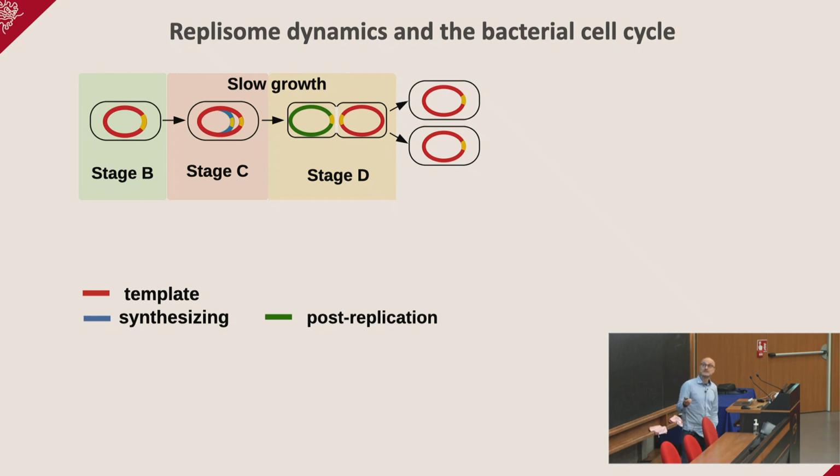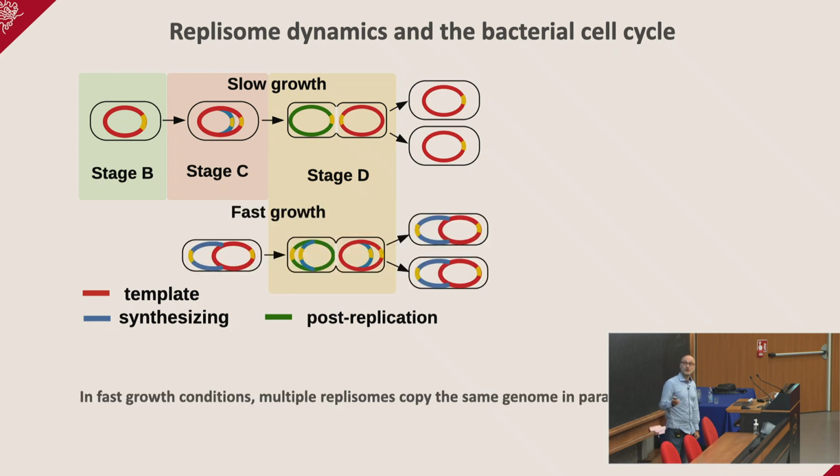There is a stage B, a pre-replication stage, where the bacterium contains only its template, its original genome. Stage C, where replication occurs, so we have a template plus an incomplete genome. Stage D is the post-replication phase, where inside a bacterium you will find two complete genomes.